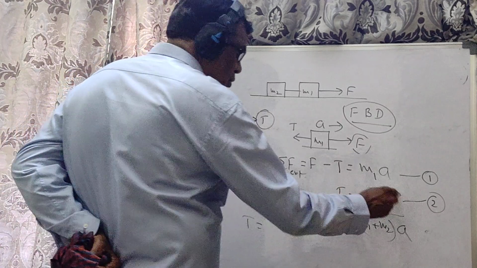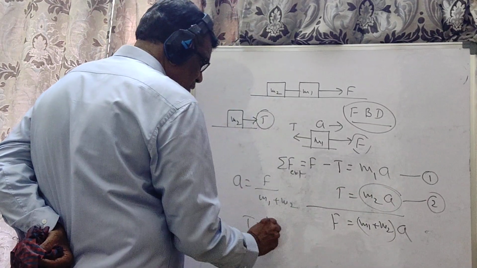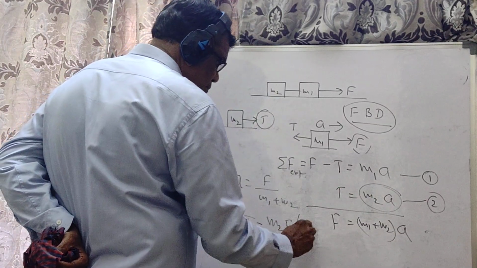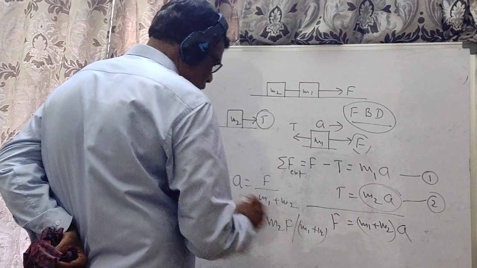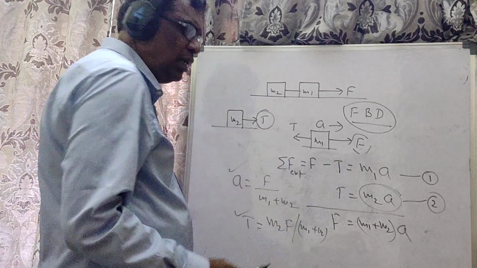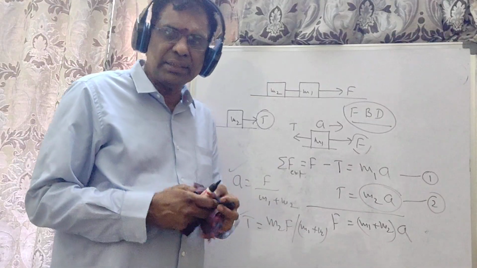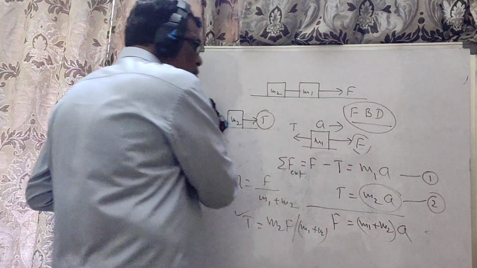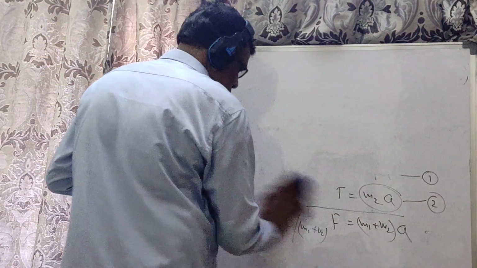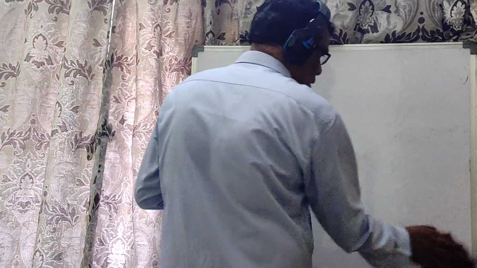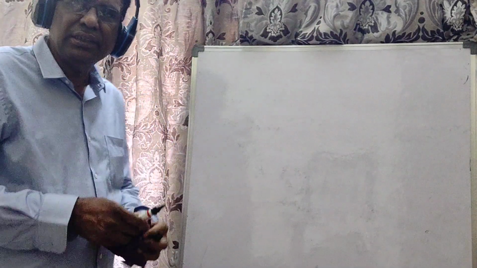Therefore, T is equal to M2A. Likewise, I found out A, I found out T. Likewise, we work out Newton's second law, right? I will be using that in discussing these forces in detail.